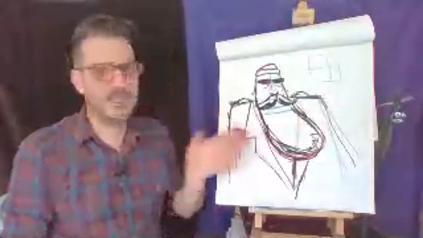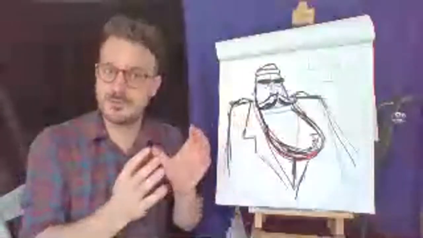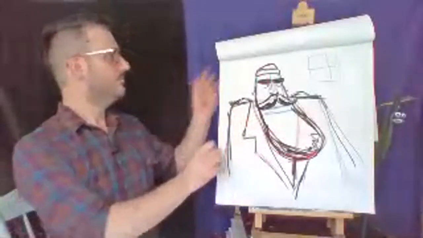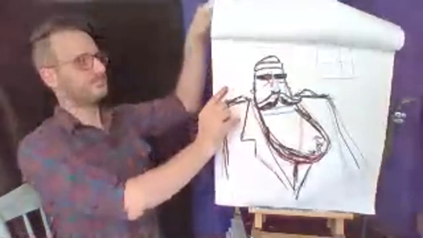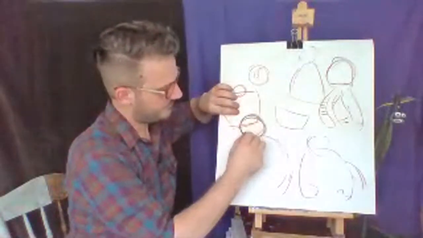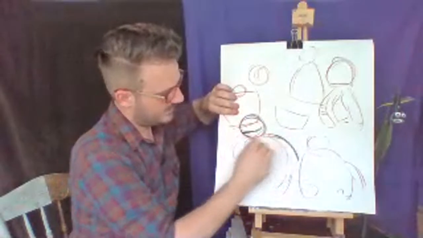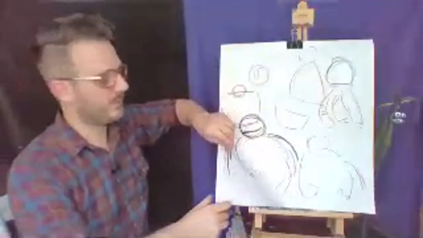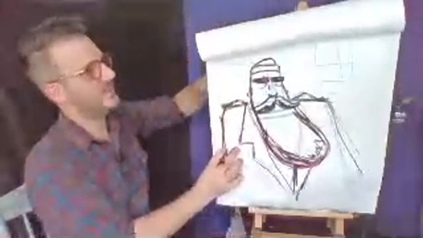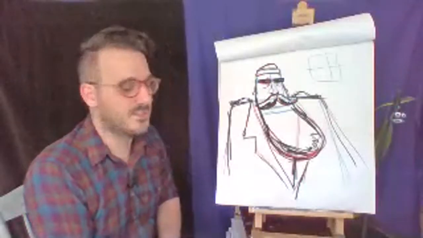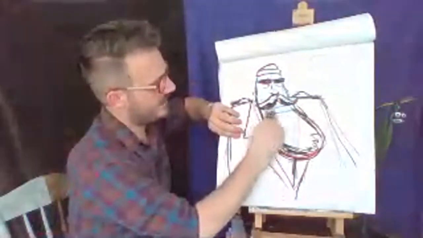So again, starting with very simple geometric shapes or a few organic shapes, putting them all together, like I've got started with this kind of thing. Just doing some quick things. And then eventually adding layers and layers until we get to something like that. I'll shade that in a little bit.